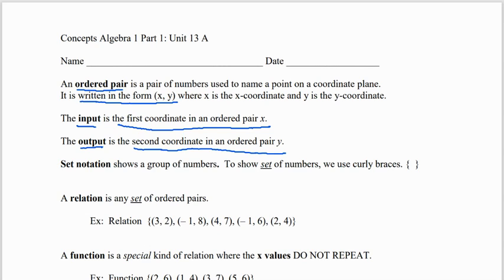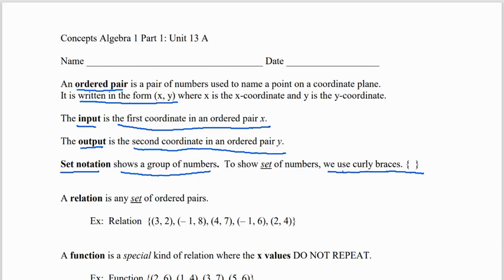Then we have set notation. Set notation shows a group of numbers, and the important part here, the second part, is that we use curly braces. That's how we use set notation. If I want to represent a group of numbers, I'll put them all in those curly braces.